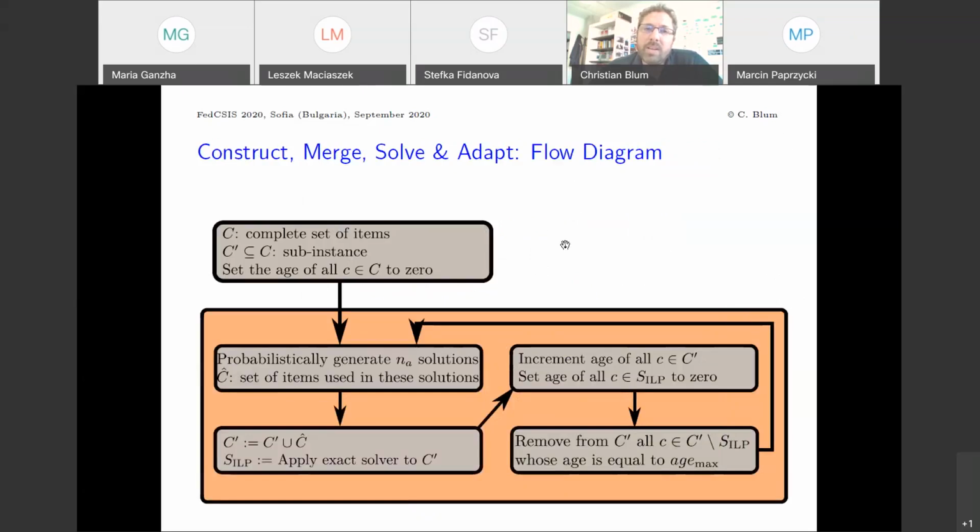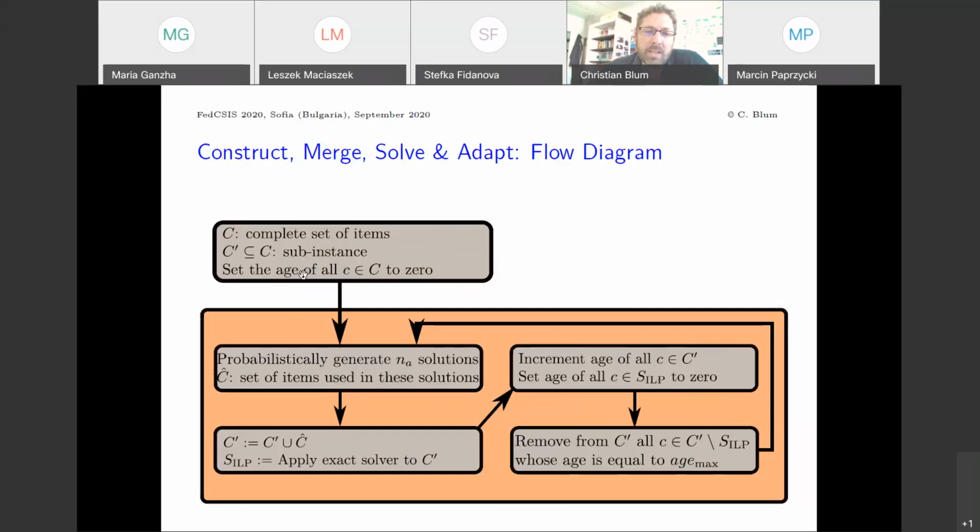So this is how construct, merge, solve, and adapt works for subset selection problems. Let's go slowly through this slide. Remember, C is the complete set of items, and any subset C prime is a sub-instance. So this is a reduction of the item set.